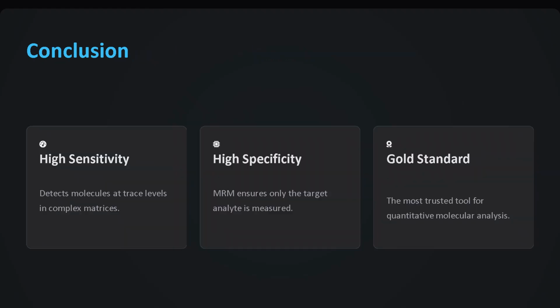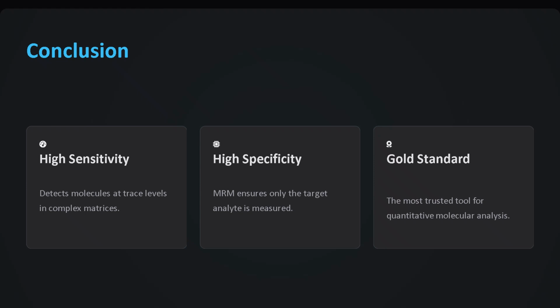To summarize, Triple Quadrupole Mass Spectrometry has become a gold standard for quantitative molecular analysis. Its high sensitivity allows detection of molecules at extremely low concentrations, even within complex biological or environmental samples. Its high specificity comes from multiple reaction monitoring, which ensures that only the target analyte is measured.